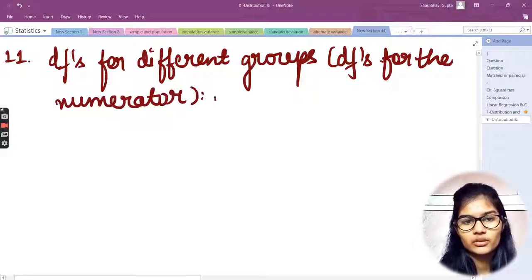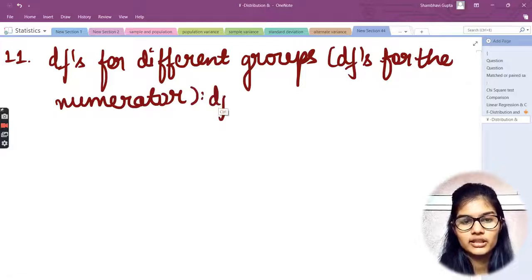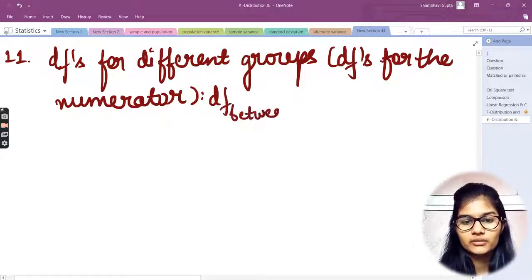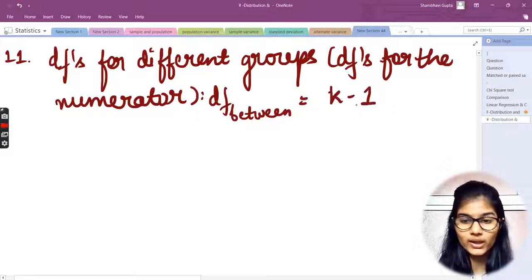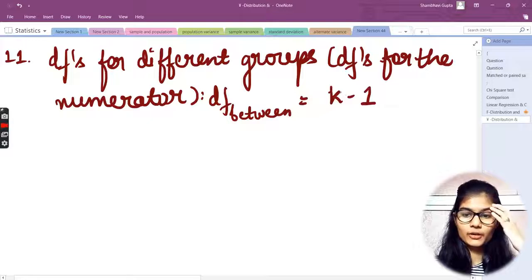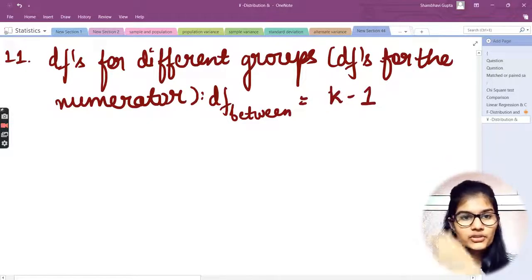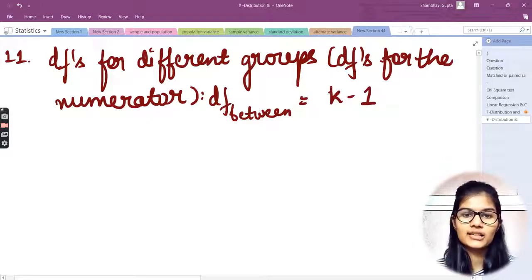It is DF between, and that is equal to K minus 1. So for the DFs of different groups, the formula is DF between is equal to K minus 1.